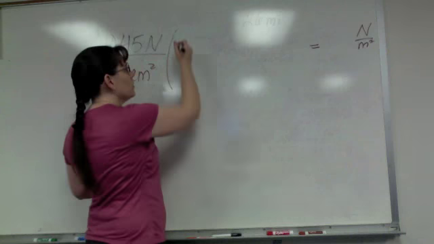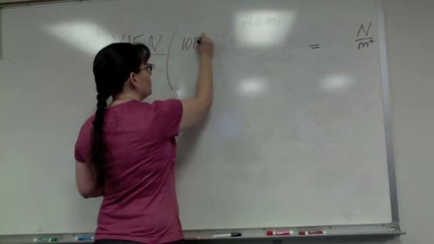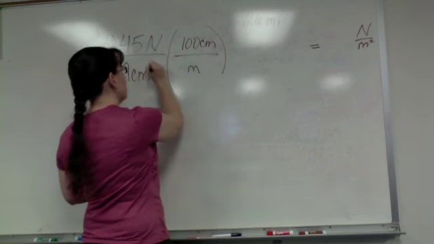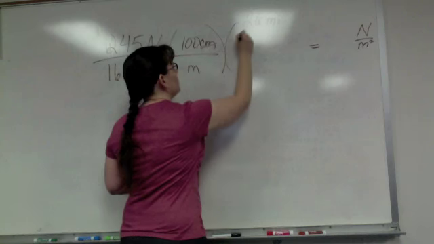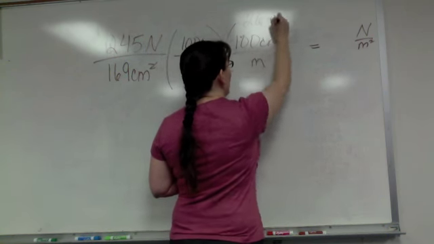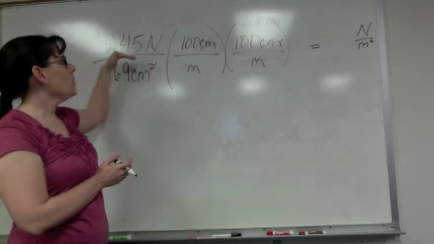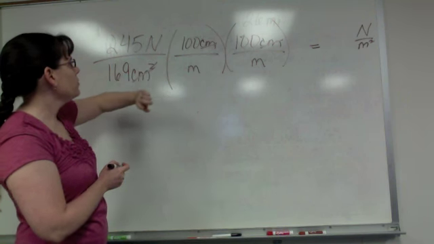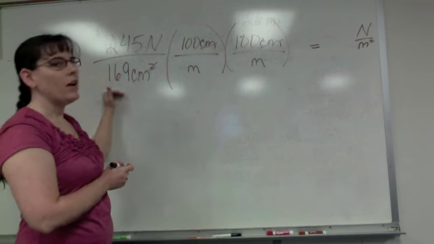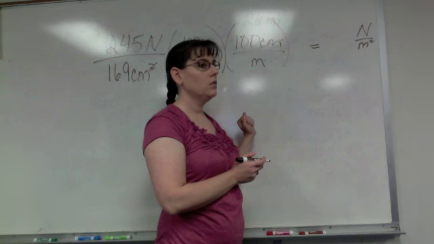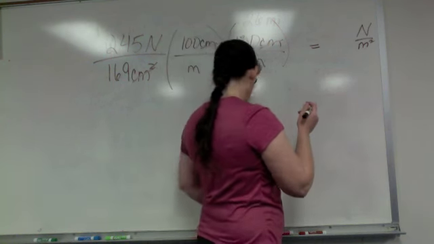What I did was 100 centimeters over 1 meter, and then that again. You can just multiply. So you end up with 245 with 4 zeros after it, divided by 169. 2,497 is what I got.